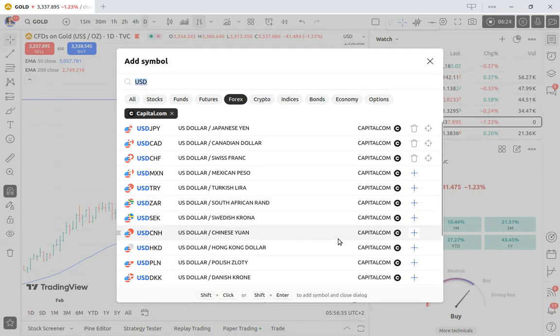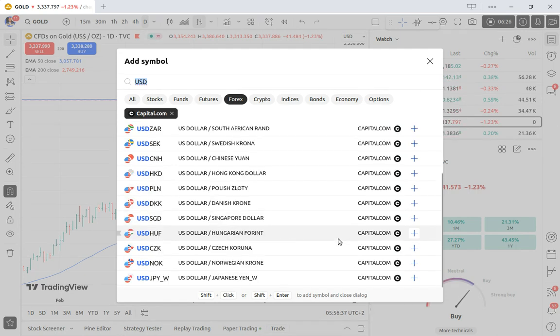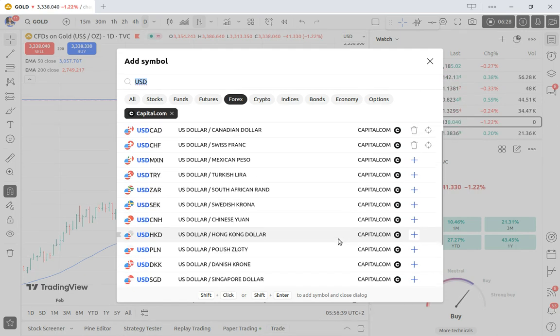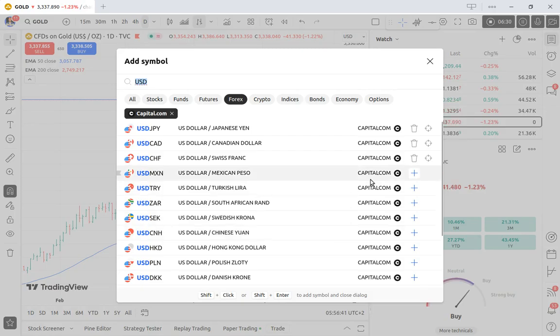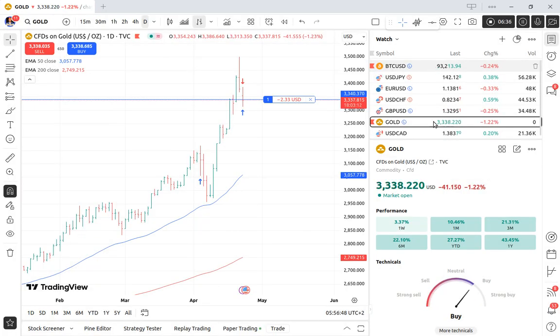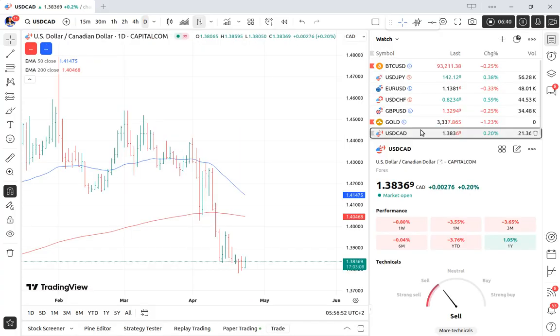Let's see what we have here. I think we've put all the major ones, including this one here. This one is not in a trend, so we are not going to consider it.